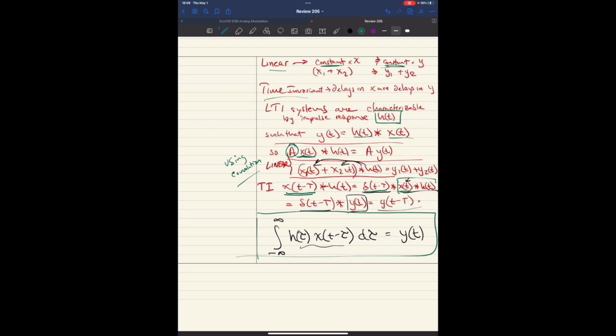So we can just take h of t and x of t, and then I do the convolution here to get the original output, if I had sent x of t at the right time, and I just have y of t there. And then I convolve that with that delay that I had hanging on the outside, which then just gives me a delay on the output.